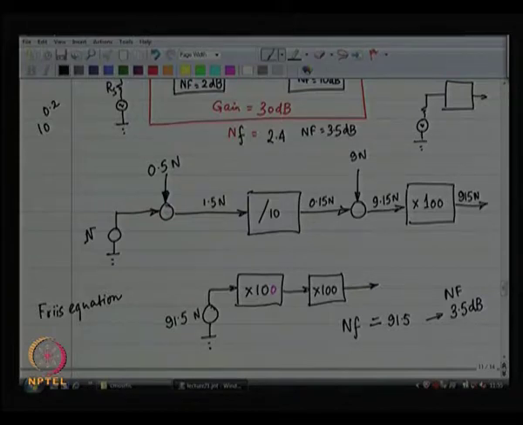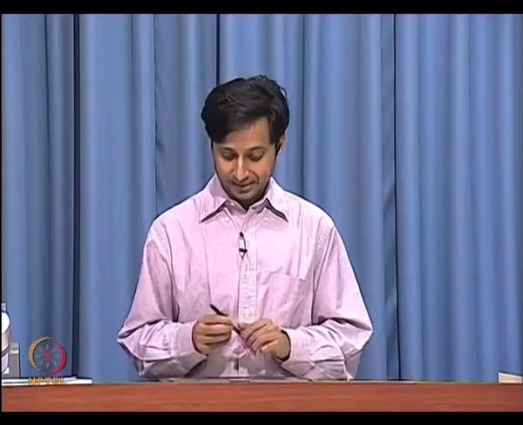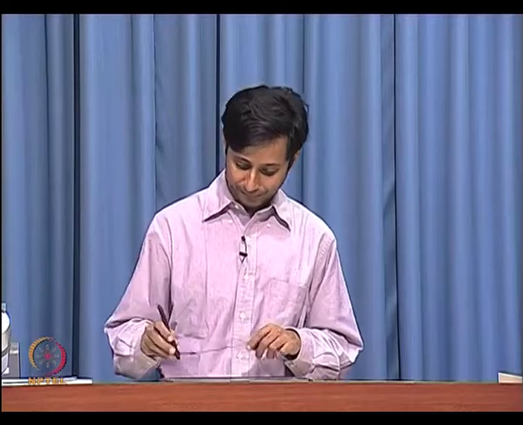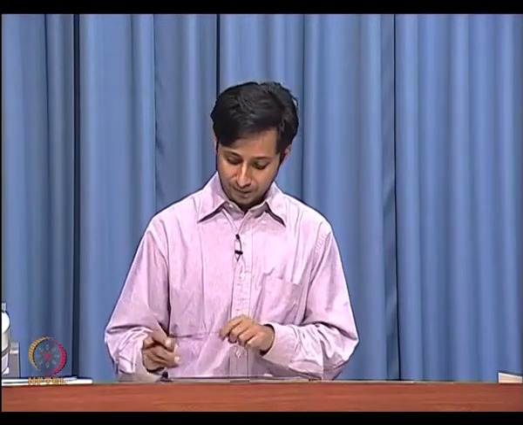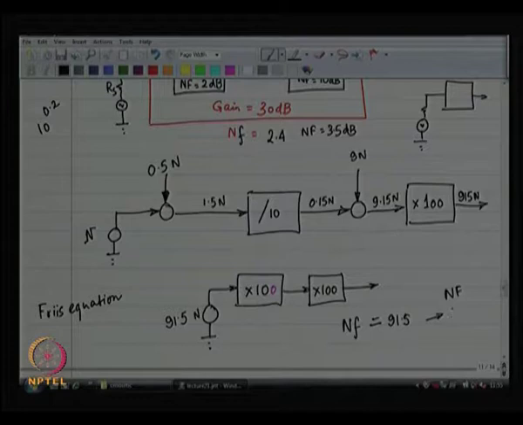So, this is what happened if I attenuated instead of amplified. This is really a very dramatic number. You have got 91 as opposed to 1.5 or 1.59. So, your noise factor is now 91.5, which means the noise figure is almost equal to 20 dB. So, this is a horrible design.